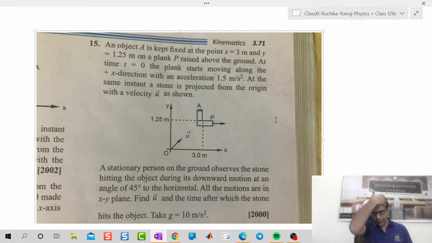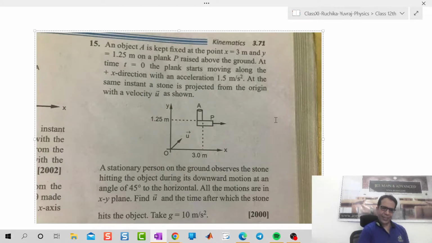Yes. Okay. It says an object A is kept fixed at the point x equals 3 meters and y equals 1.25 meters on a plank P raised above the ground. At time t equals 0, the plank starts moving along the plus x direction with an acceleration of 1.5 meters per second square.